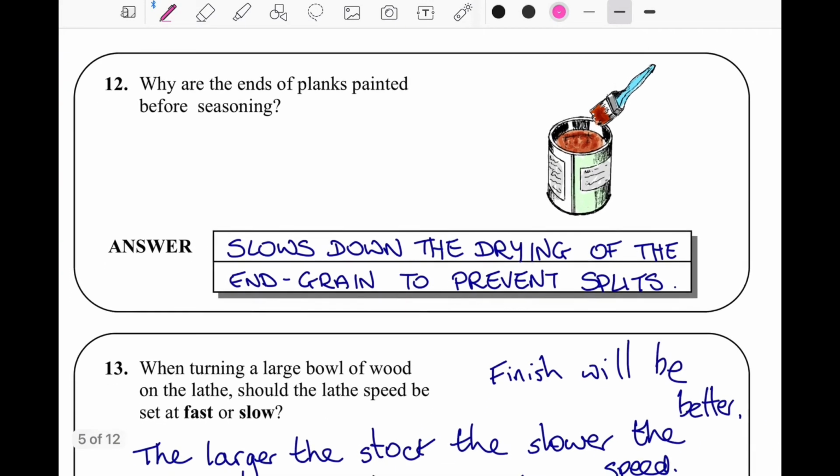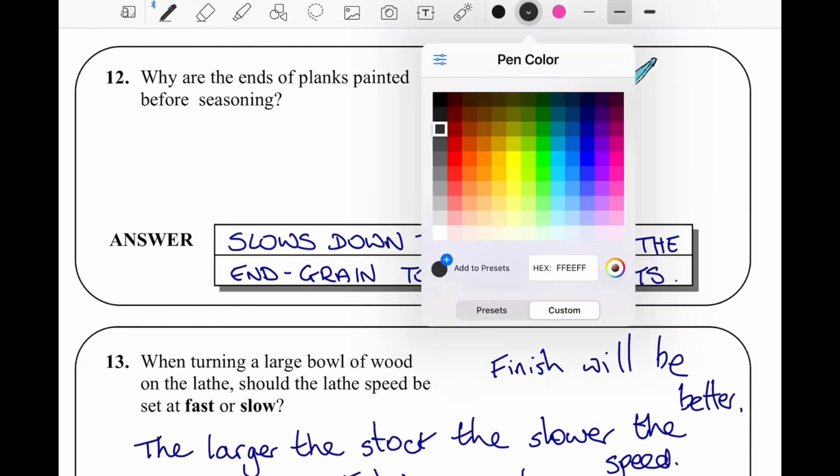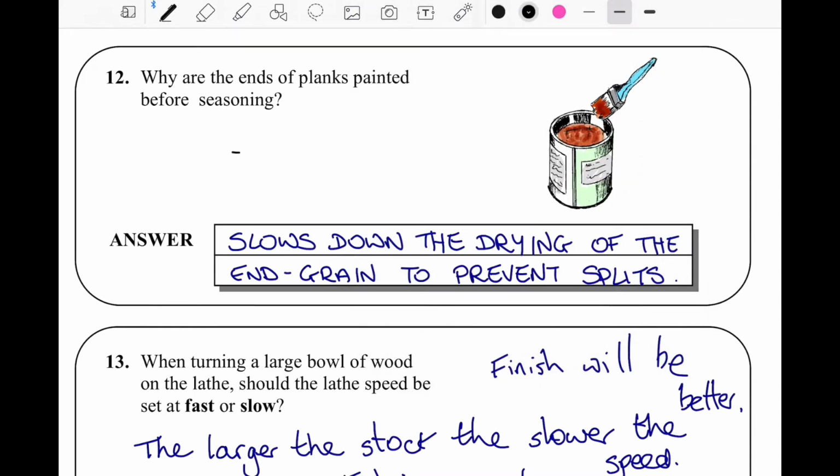Why are the ends of planks painted before seasoning? I have often indicated this to you on timber that I'm having to do. What does it do? It slows down the drying of the end grain, which helps prevent splits. Sometimes, a lot of times, when you have timber, so we'll say here's a piece of timber, there's the end grain.